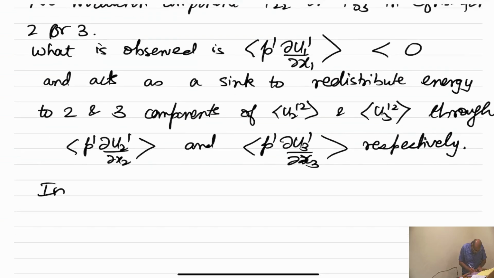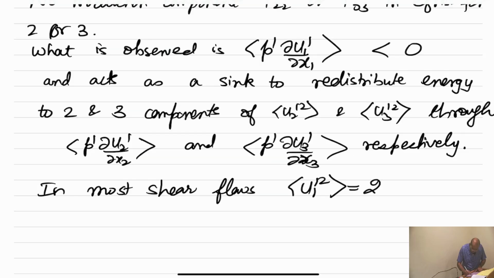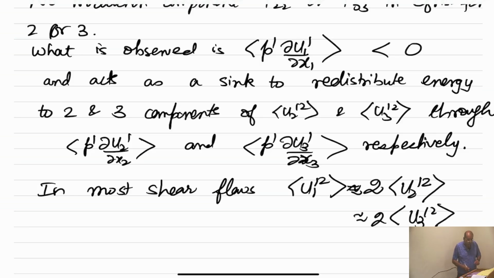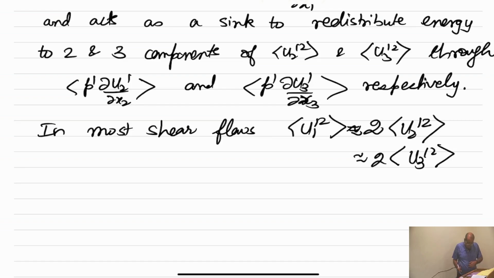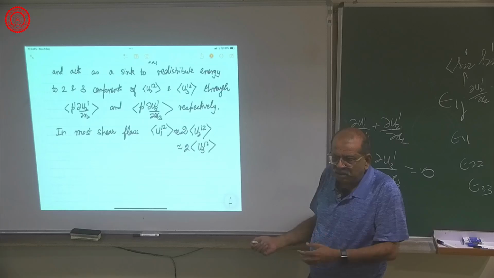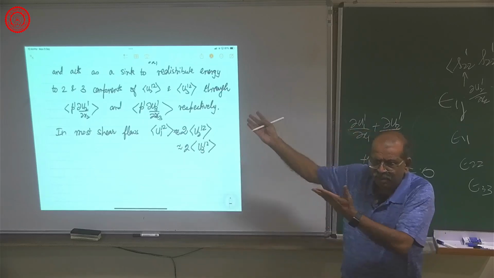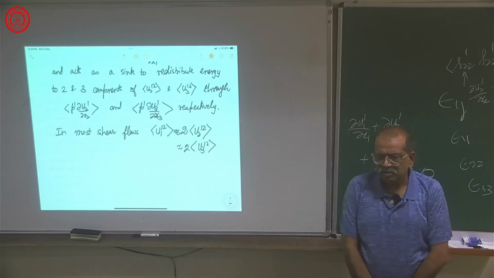And in most shear flows, again this is all empirical or experimental data, mean of u1 prime square is about double, I should say of the order of 2, u3 prime square. So the one component is larger compared to the 2 and 3 components, and that is because the main production comes there, and the sink is in these terms.